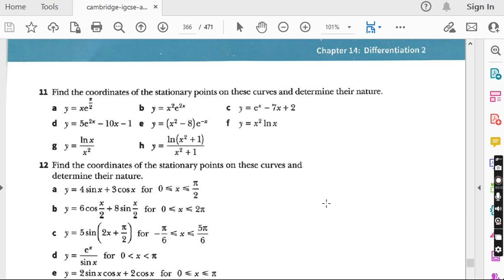All concepts like product rules of derivatives, quotient rule of derivative, derivative of exponential functions, derivatives of ln function, derivatives of trigonometric functions, maximum points, minimum points, stationary points. So all concepts are used in this exercise.